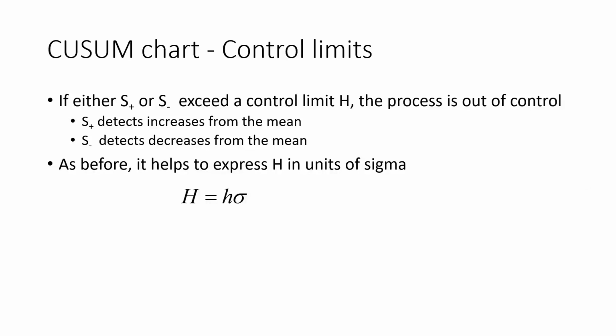And before we had the 3 sigma control limits. And so we again express that as a multiple of sigma. This is a different multiple of sigma than the K. The K was used to understand the alternative hypothesis. This is now for a multiple to understand the control limit.